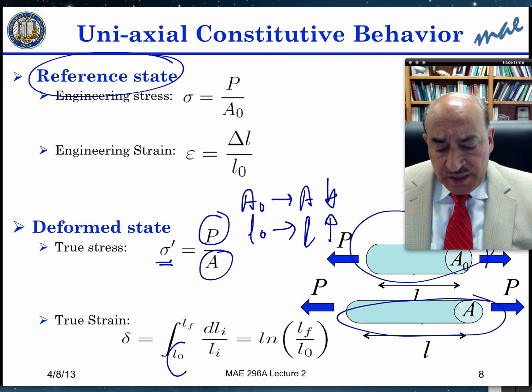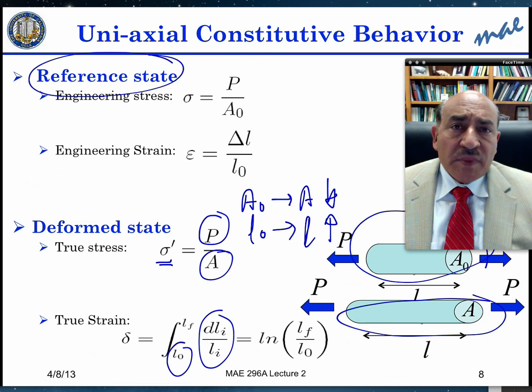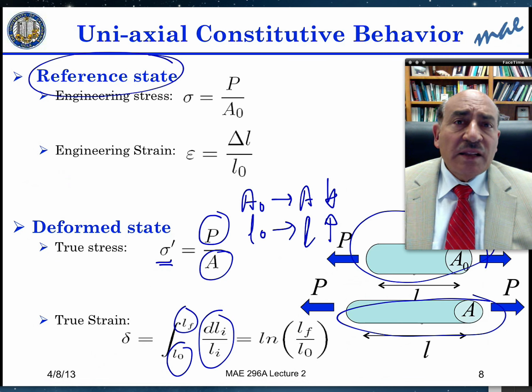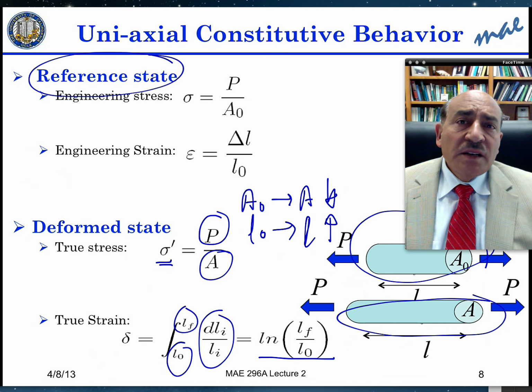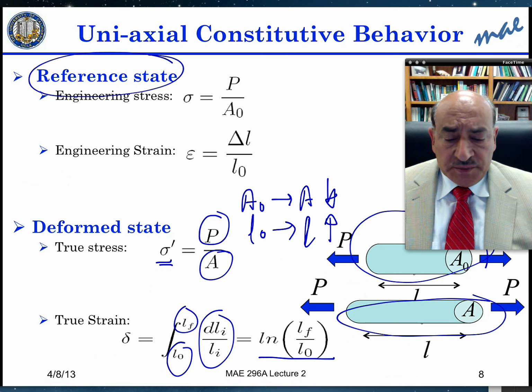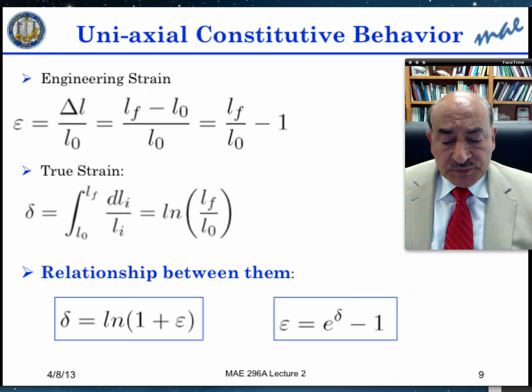So you're integrating dL over L from L0 to L final, from the initial to the final. When you do this integration, you get the natural log of L final divided by L initial. And that is called the true strain, and we're going to give it the symbol delta.